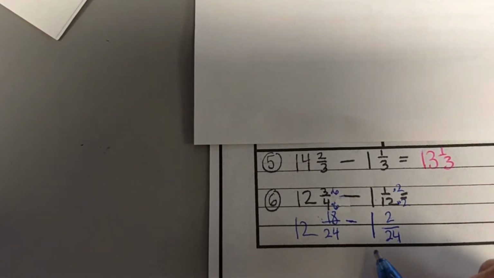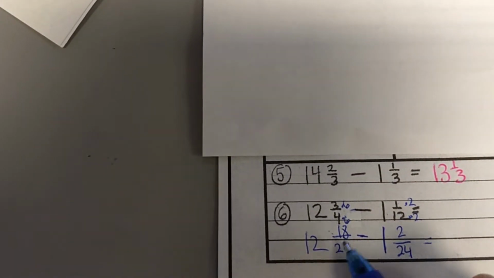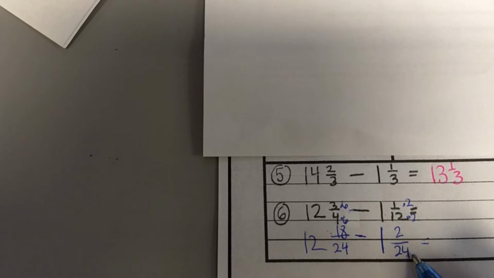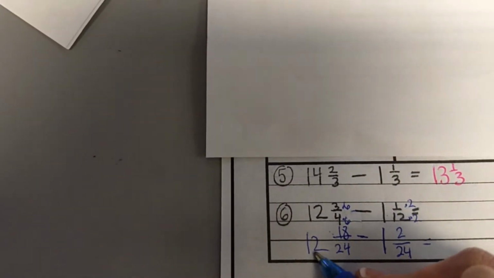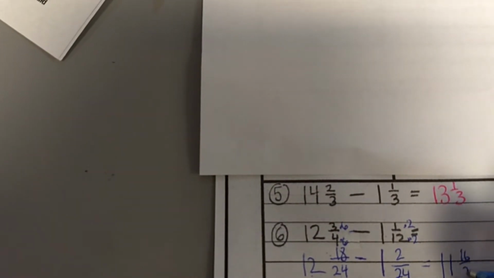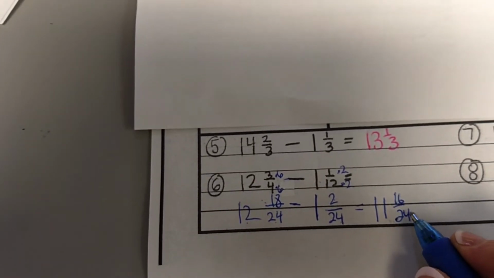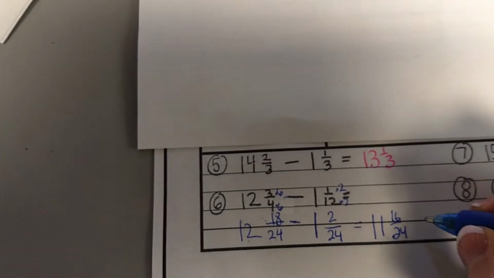Okay, now that I have the common denominator, I'm able to go ahead and subtract. So 12 and 18/24ths minus 1 and 2/24ths is equal to, let's see, 12 minus 1 is 11. And then 18/24ths minus 2/24ths is 16/24ths, which is perfectly acceptable. However, I do want you to get in the habit of simplifying any fractions if possible.